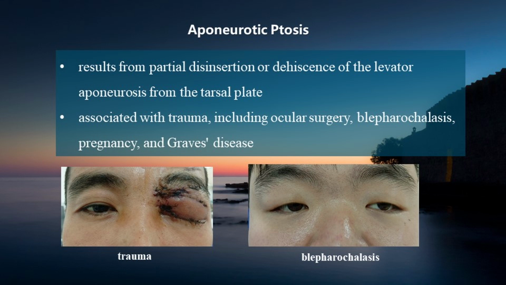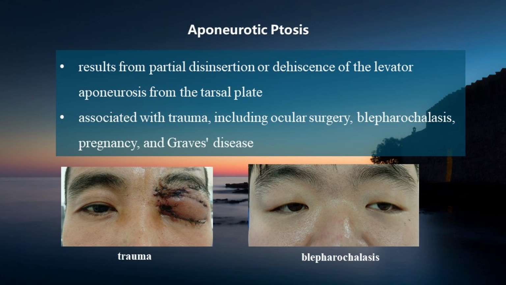Typically, there are significant residual attachments to the tarsus to maintain full excursion of the lid with upgaze. Retention of the attachment of the retracted levator aponeurosis to the skin and orbicularis muscles creates an unusually high lid fold. Thinning of the lid may also occur.